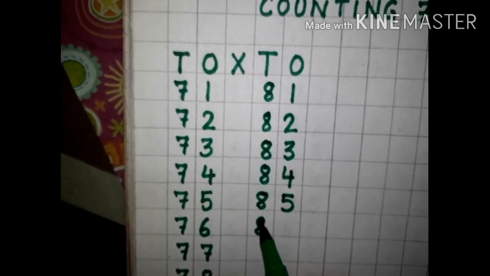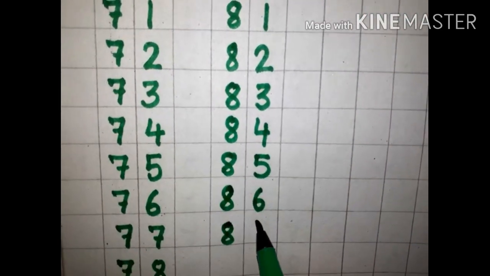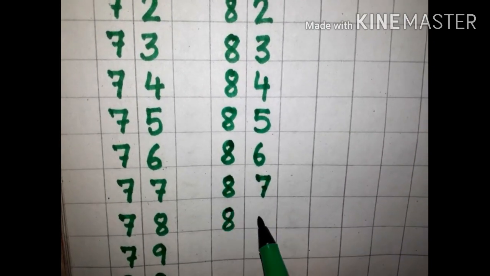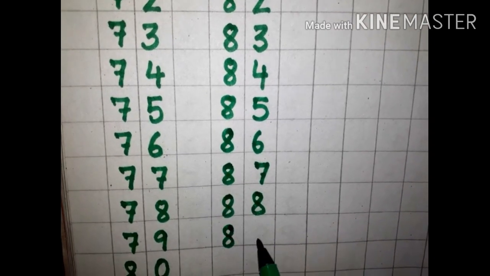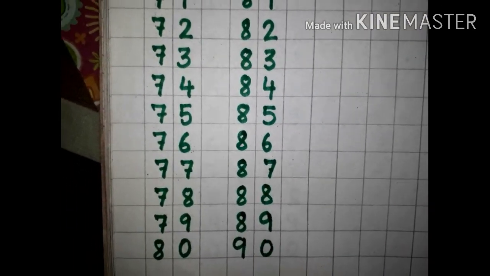Then 8, 6, 86. 8, 7, 87. 8, 8, 88. 8, 9, 89. 9, 0, 90.